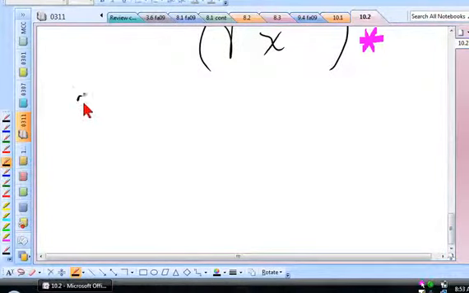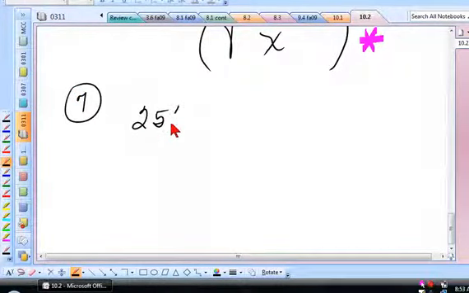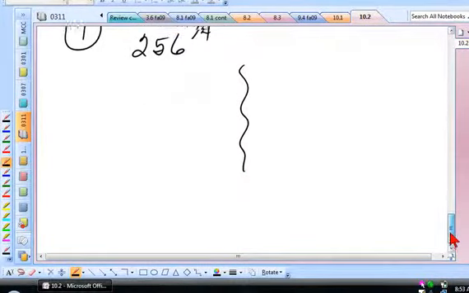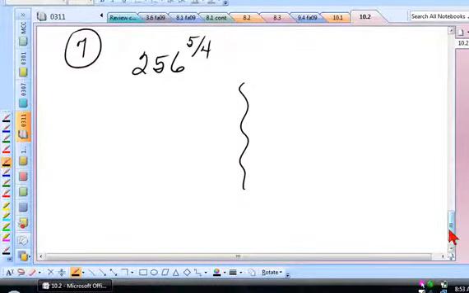Let's look at number, are we on 7? Yes. Okay. Evaluate the expression 256 to the 5/4 power. Now there are two ways I could do this. I'll do it both ways, and I think you'll see one way is easier if somebody took your calculator for sure.